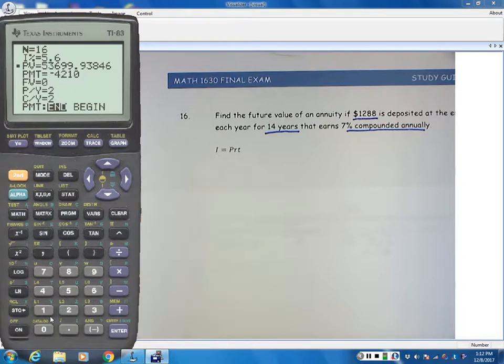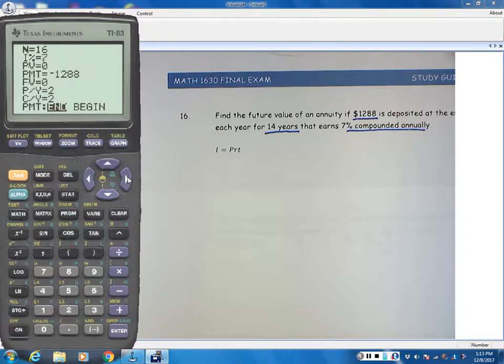Now we can still use the TVM solver because it's still an annuity. It is an ordinary annuity because your payments are made at the end. Your payment amounts are $1,288. We're not interested in the present value.